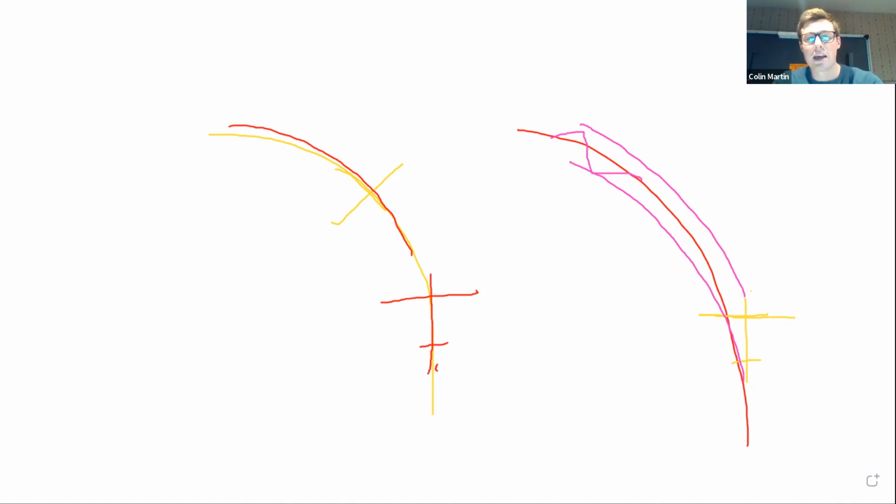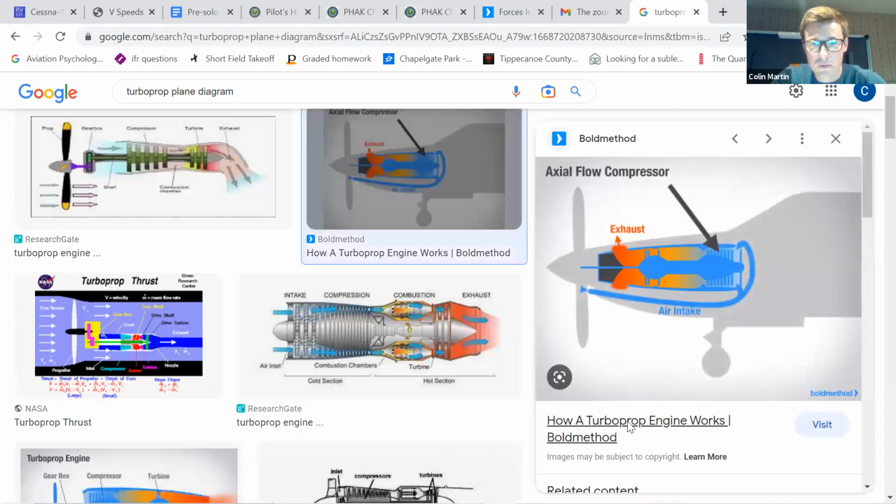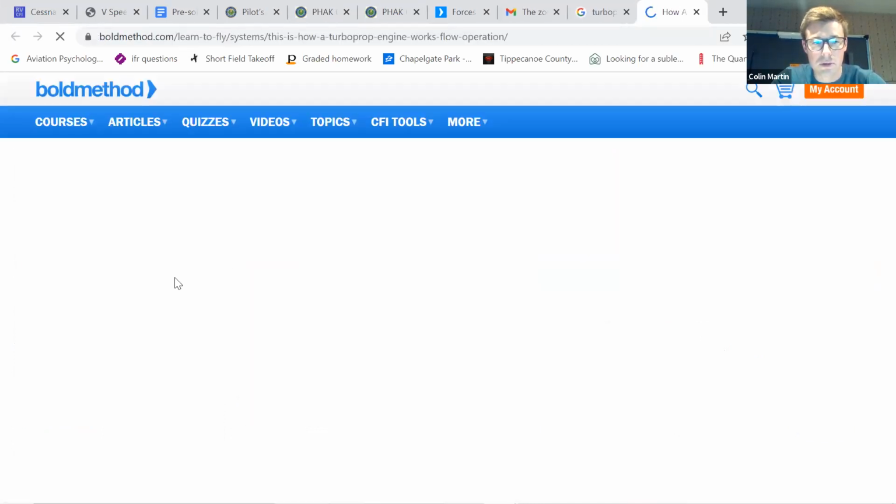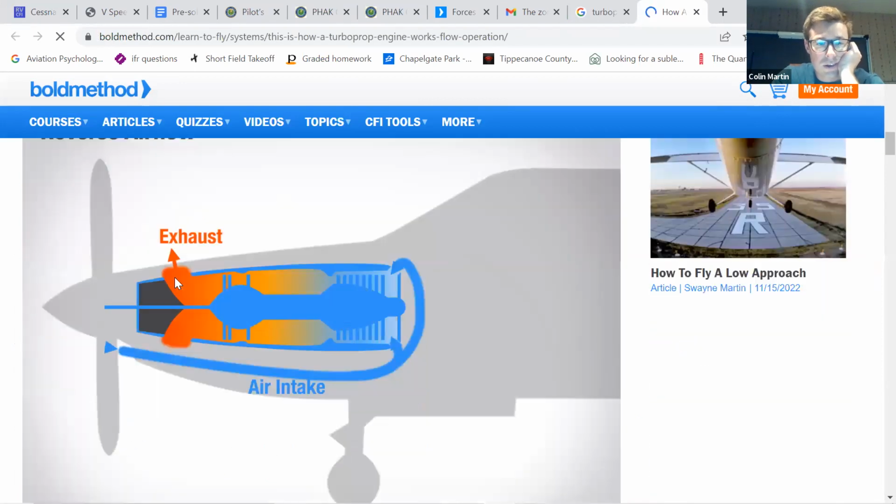So what that has is basically a turbine in the system. Let's see if they have some good ones.